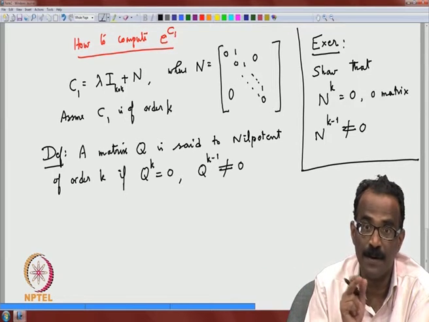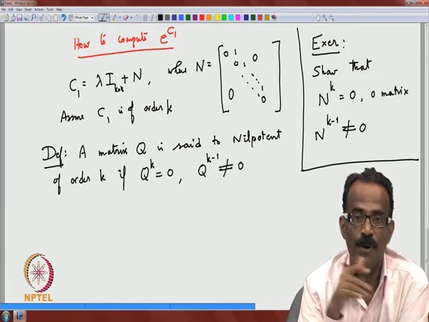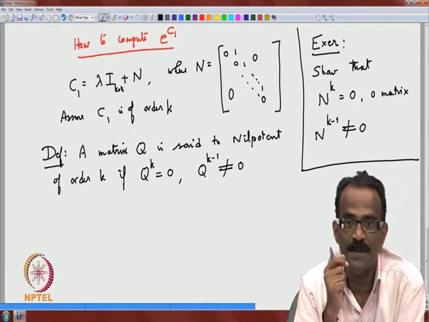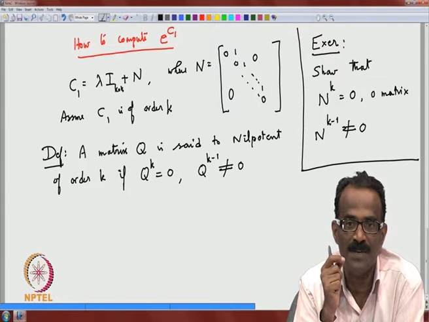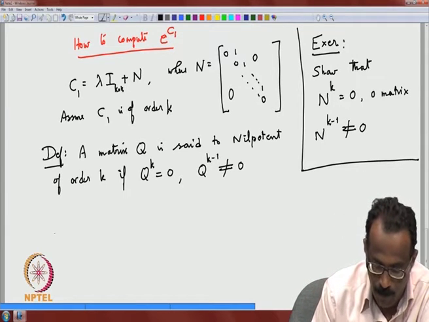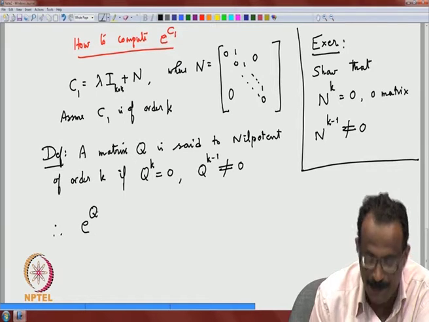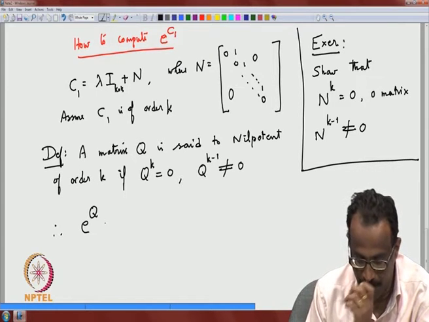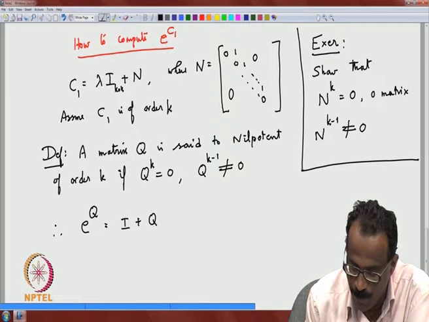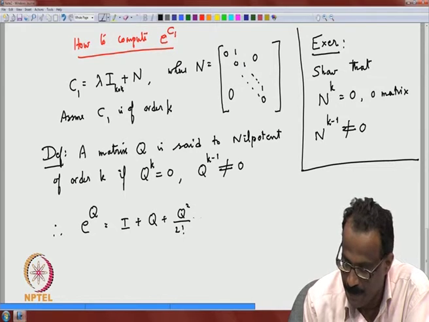So that makes the computation of matrices easy, because you do not have to compute after k onwards. The exponential of nilpotent matrices reduces to a finite sum immediately. Therefore, e power Q will be identity plus Q square by 2 factorial plus and so on.